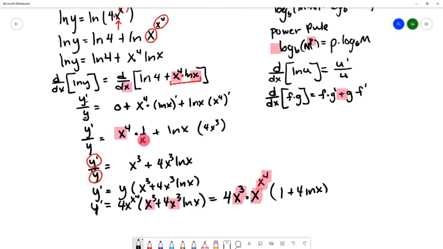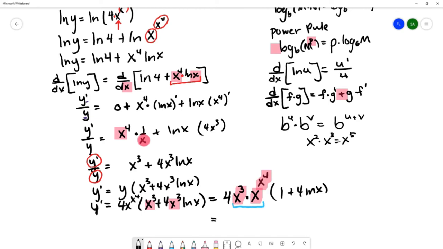So that product rule we're using is b to the u times b to the v equals b to the u plus v. We use this property quite often when we're multiplying. If we have x squared times x cubed, that's x to the fifth. So we're going to use that property to combine these two factors together.